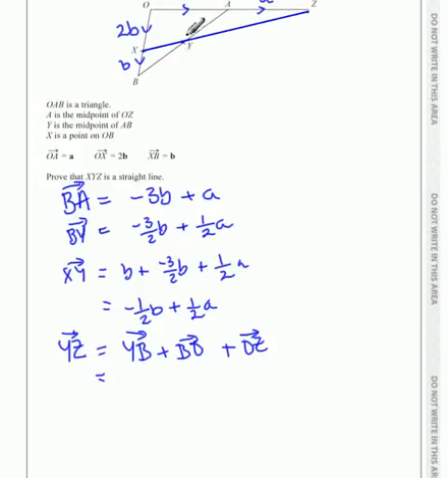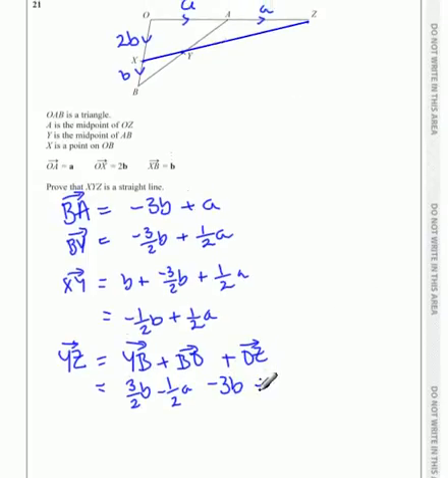So y to b, we've worked out up at the top here, b to y. So y to b is this, but in the other direction. So it's going to be with negatives. So that negative becomes positive. This one becomes negative. O to b is minus 3b. And then o to z is 2a.